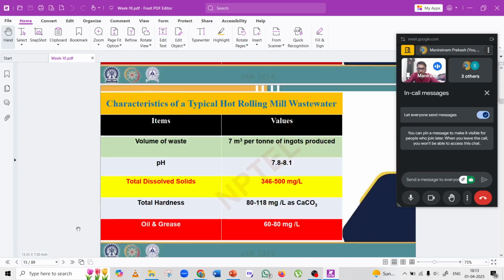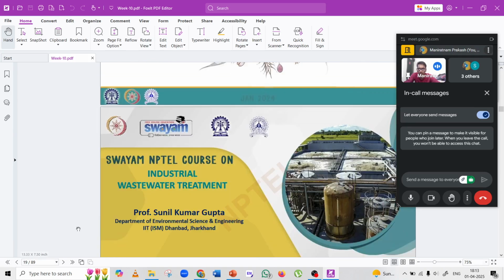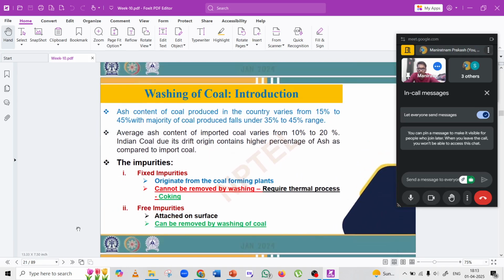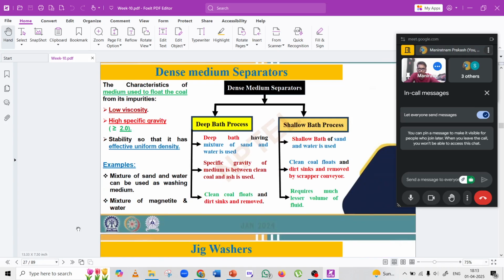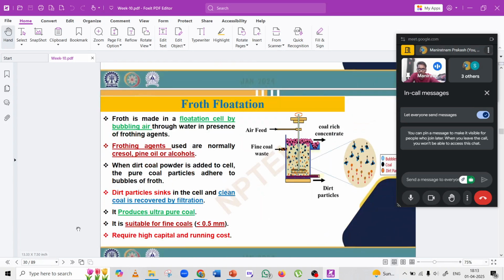You can see these are some of the raw material. This has been covered in the class, but I'm just recapping it.